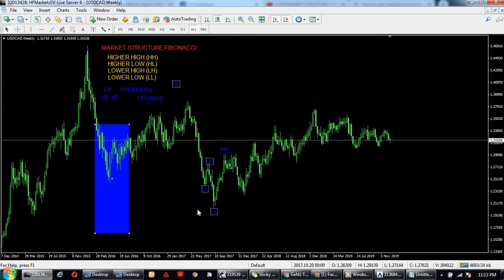And then because price has taken off from this point to this point, and there is a close of the candlestick above the most recent lower high, which is price giving us a clue that the structure of the market is changing from a downtrend to an uptrend.